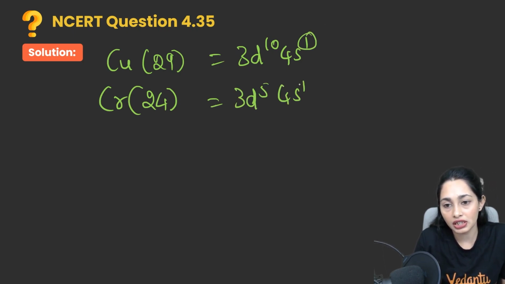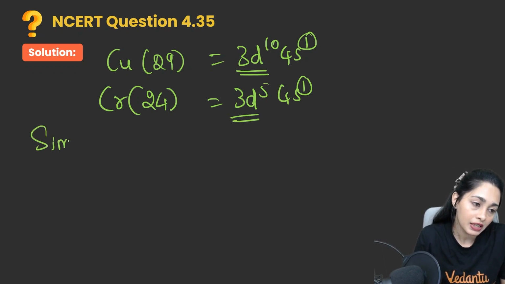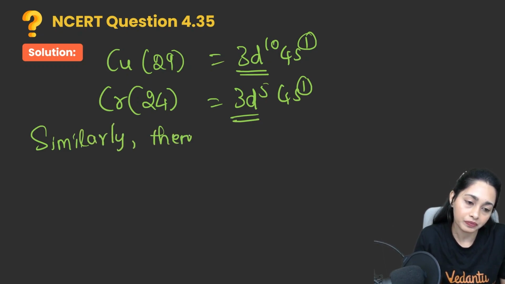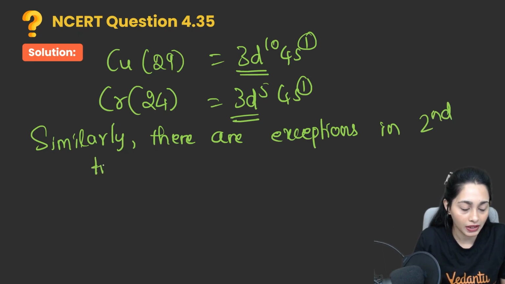Why is it not 4s2? Because 3d10 is a completely filled orbital, and 3d5 is half filled, which gives stability. So these are exceptions. Similarly, there are exceptions in the second transition series as well.